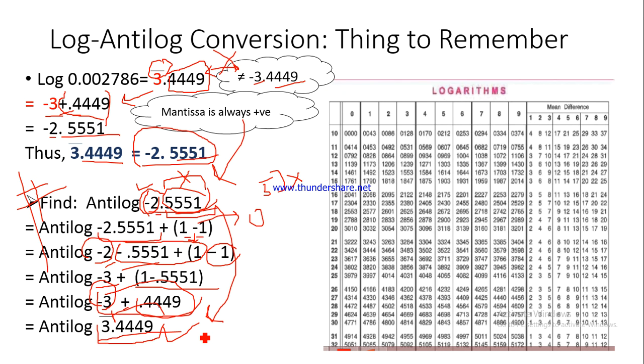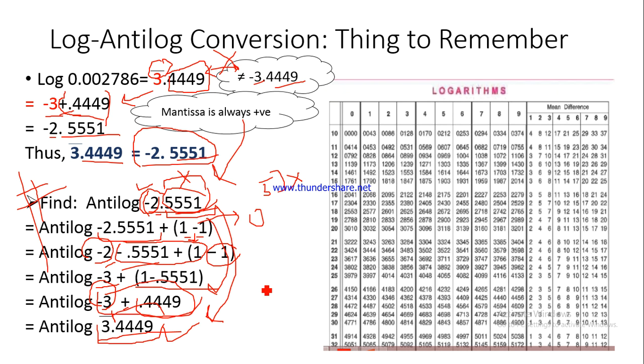Now that you've gone through this particular video discussion, please practice these kind of questions and never forget that whenever you have to find out the antilog of a negative value, you have to convert the portion which is after the decimal into a positive term, right? And this is what we have done here, because our mantissa can only be positive. Is this making sense? Right.